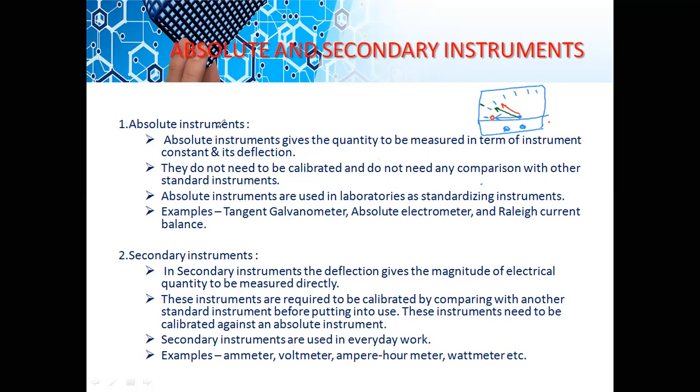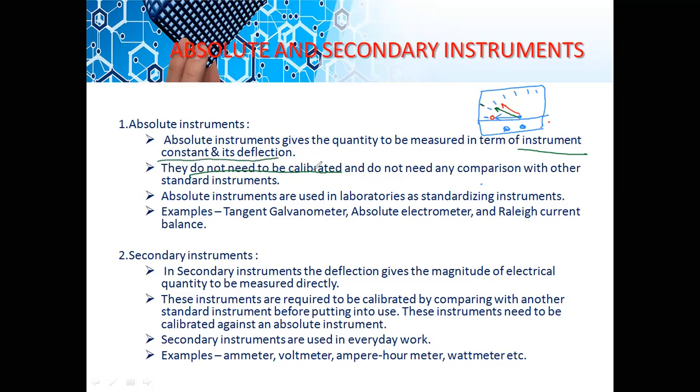Now, the absolute instruments do not require calibration. This is a very important point. They do not require calibration, and an absolute instrument will give the quantity to be measured in terms of instrument constant and its deflection. This is a very important point to remember.